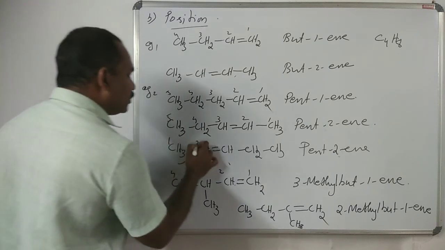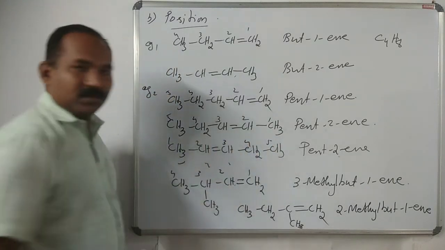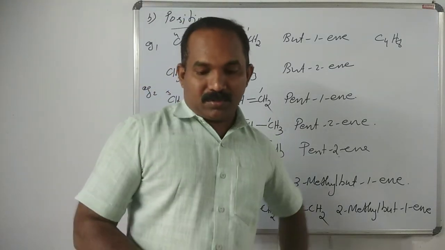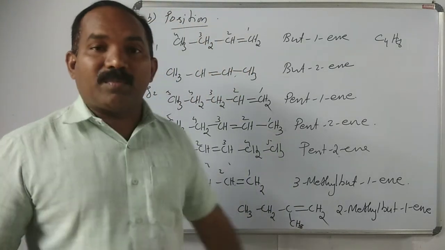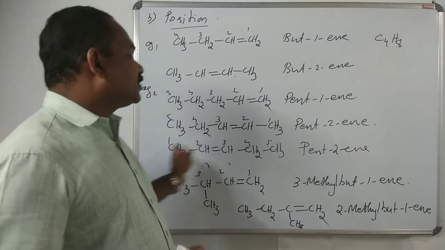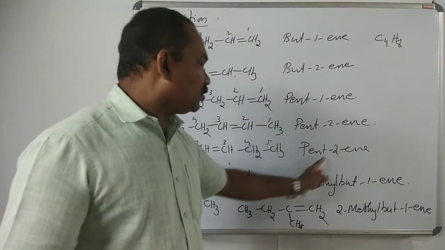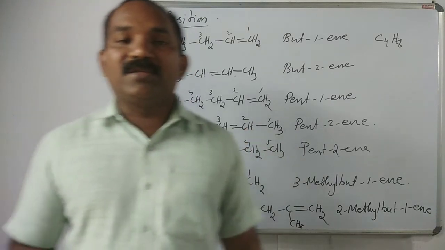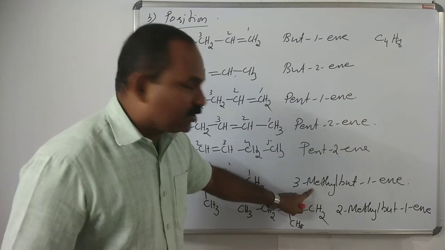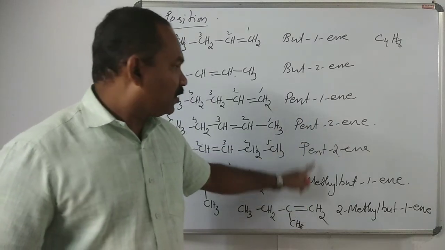Okay, why? 1, 2, 3, 4, 5. Give the priority to the double bond. Okay, give the priority to the double bond. That's why we give the numbering from left to right. So both molecules are the same, pent-2-ene. Okay. Then these two are chain isomers.